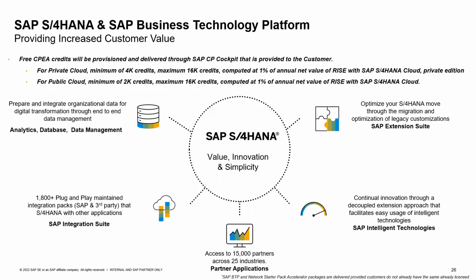For public cloud, there's a minimum of $2,000 or euros credits and a maximum of 6K in credits. This is computed at 1% of the annual net value of Rise with SAP S/4HANA Cloud. And you can see here all of the capabilities and services that will really allow your customer to extend their solution, giving them value, innovation, and simplicity.